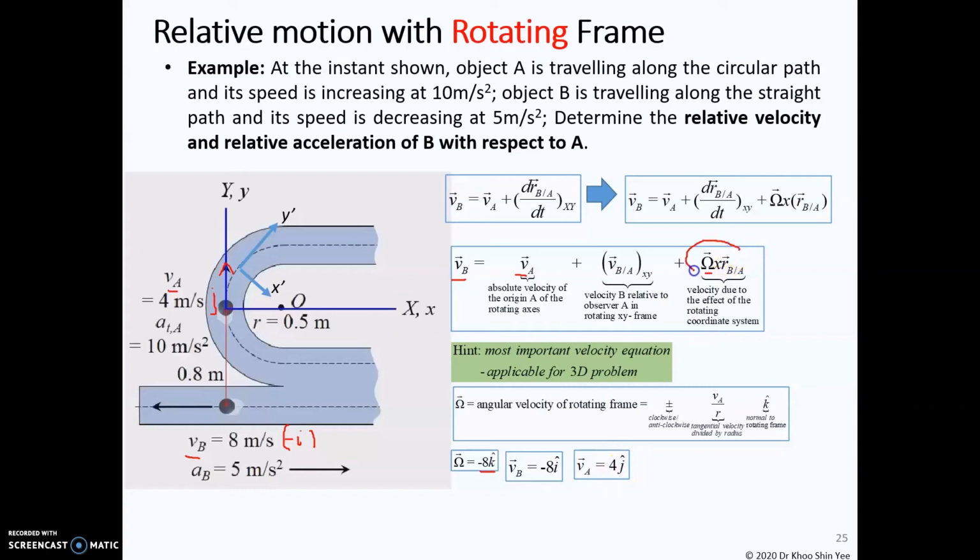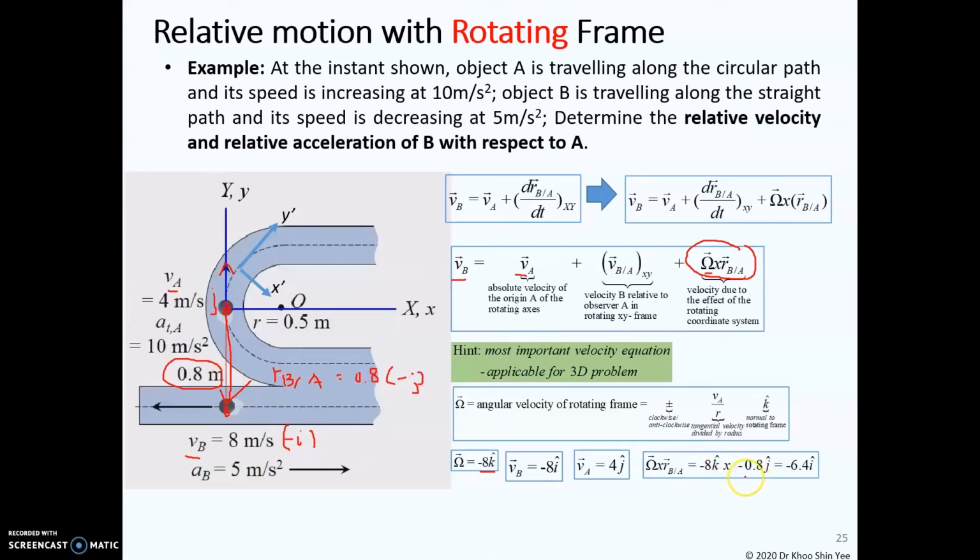Lastly, we need to compute this component, Ω cross rB/A. You need to find the displacement of B with respect to A, which is over here. The distance between point A and point B is given by 0.8. Since this vector is moving in the negative j direction, you obtain rB/A with magnitude 0.8 and the direction in the negative j direction.